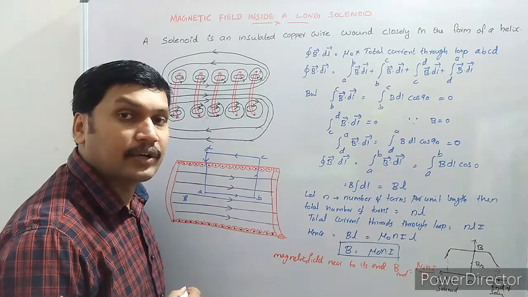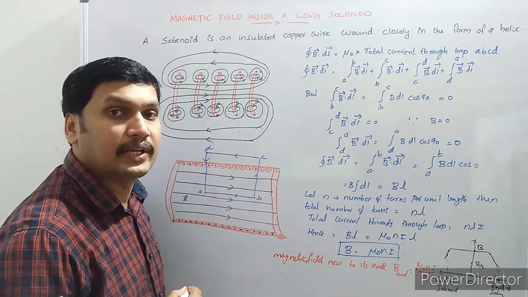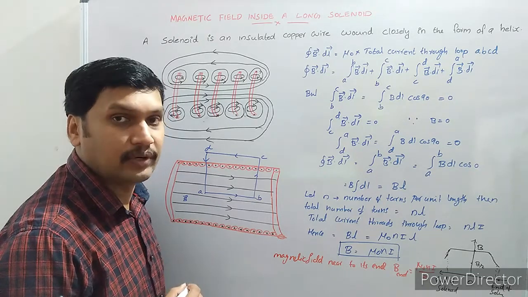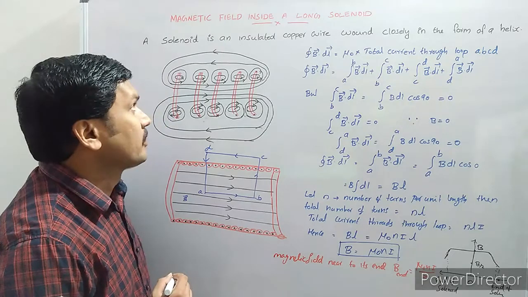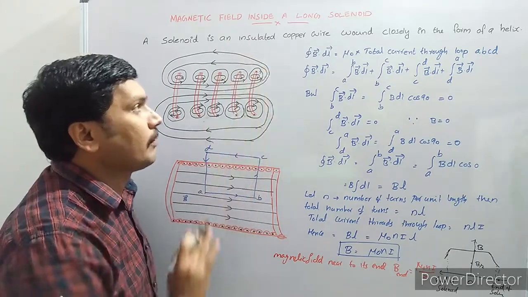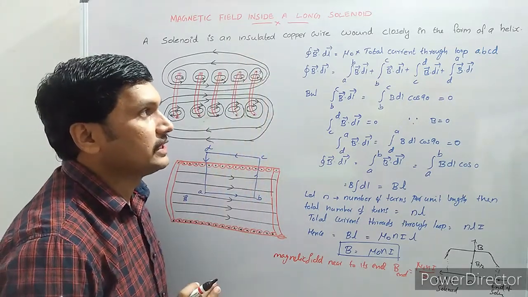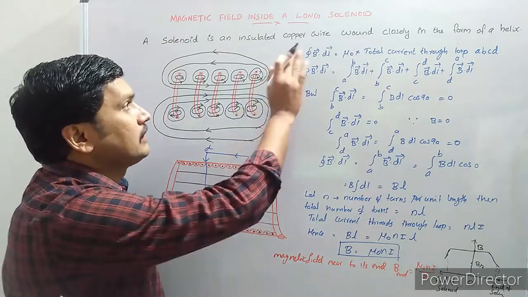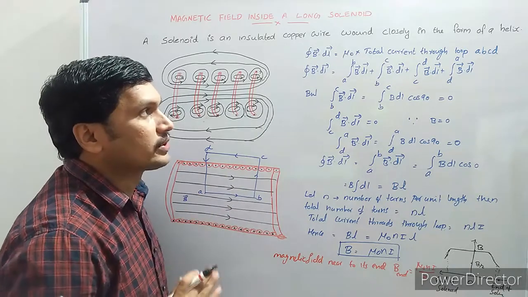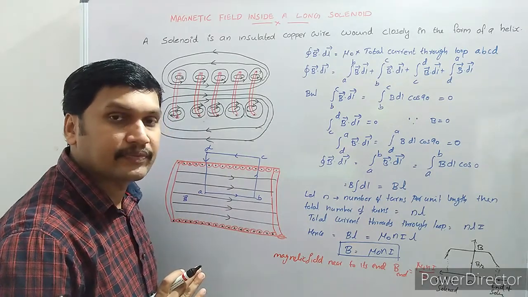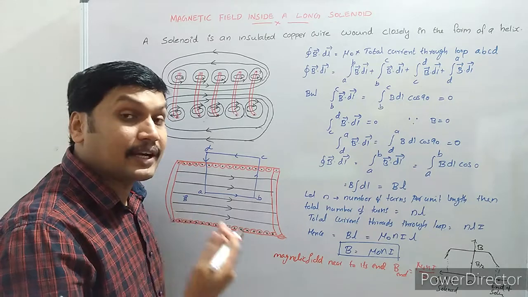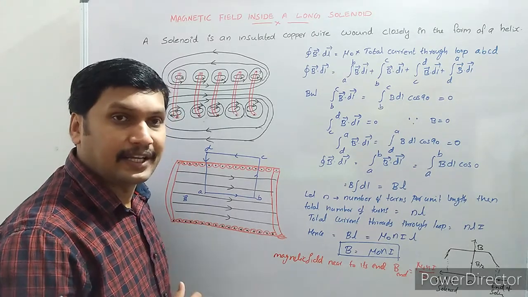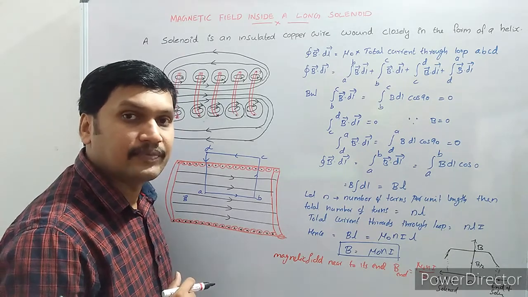Now let us see how we can use Ampere's Circuital Law to find the magnetic field produced by a long solenoid. You know that a solenoid is an insulated copper wire wound closely in the form of a helix. When current is passing through a solenoid, you know that every current carrying conductor produces a magnetic field.